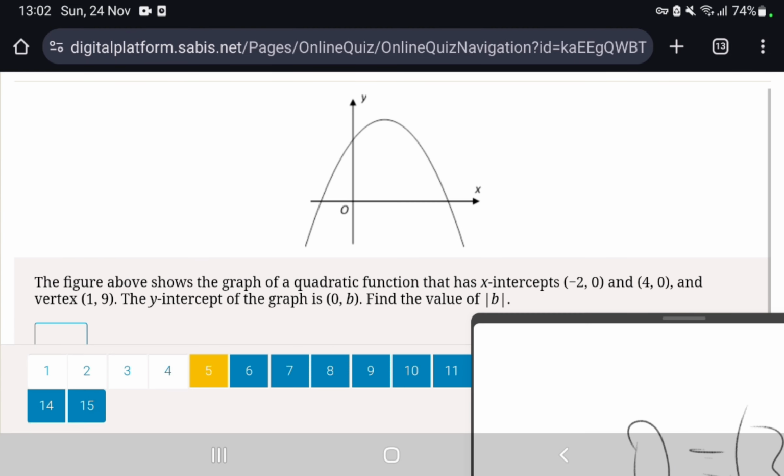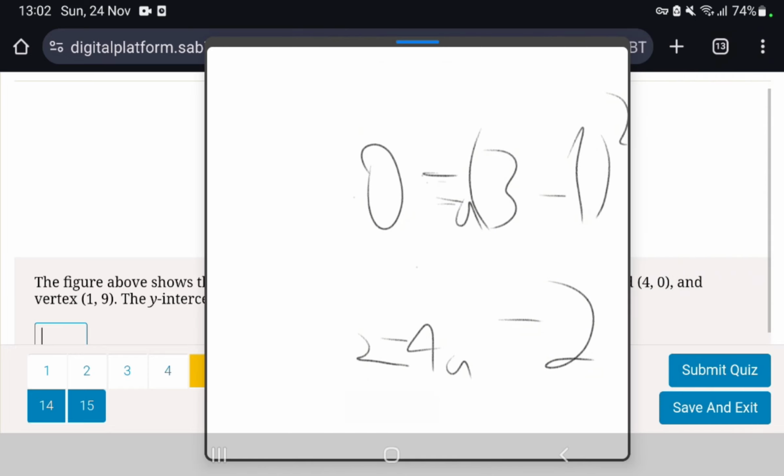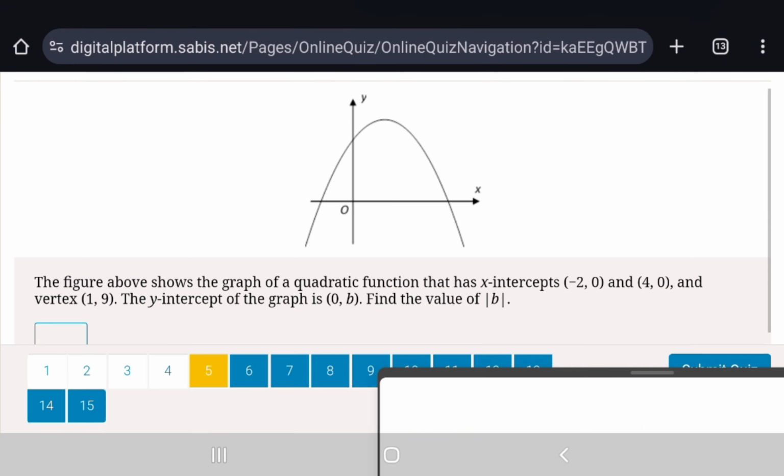For this one, first of all, we need to find the equation of the graph. The vertex is 1, 9.